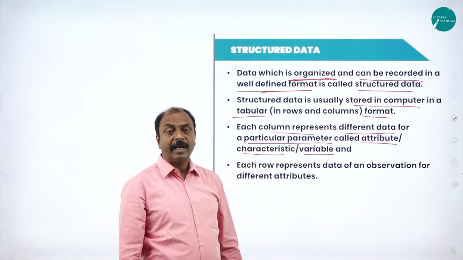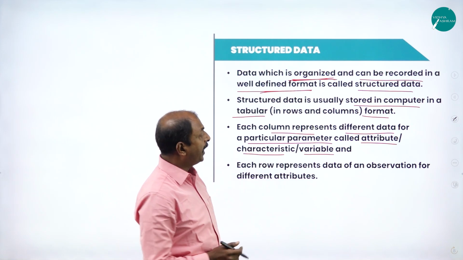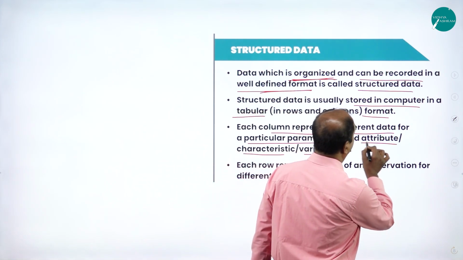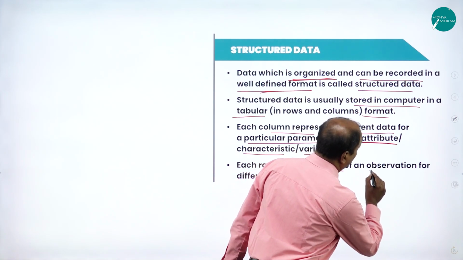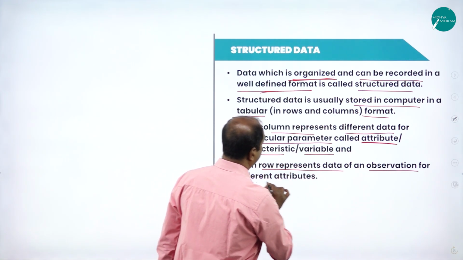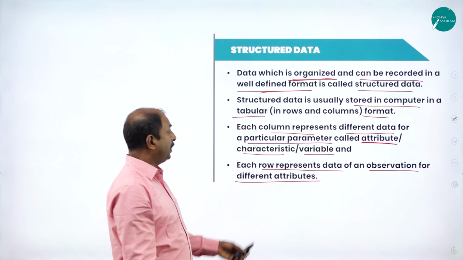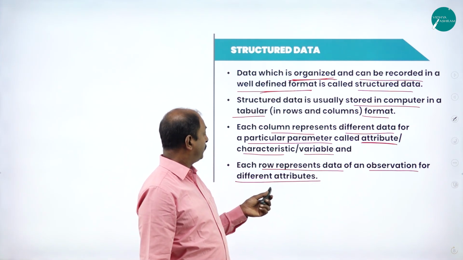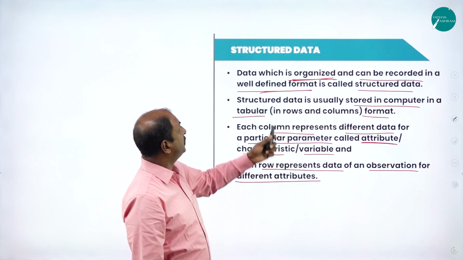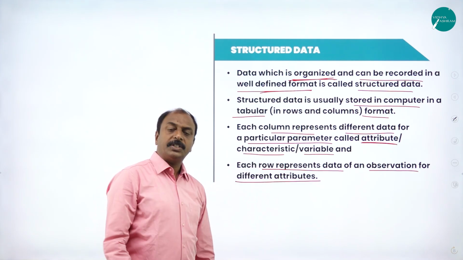Each column has different values, and another name for a column is attribute. Each row represents the data of an observation for the different attributes. This is the basic definition of structured data.